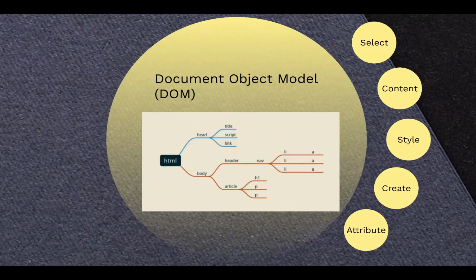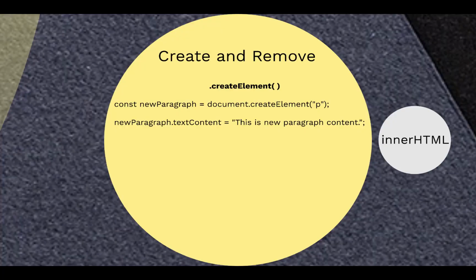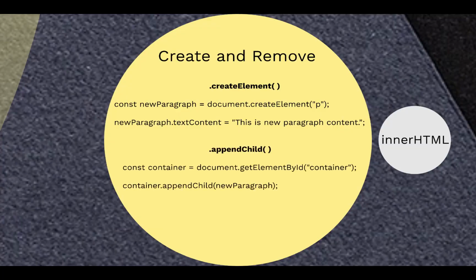You can even create elements that don't exist in HTML using createElement. Here we are creating a new paragraph and assigning it to the constant newParagraph. And then we can give that new paragraph some content. And then we can add it to the HTML with the appendChild.